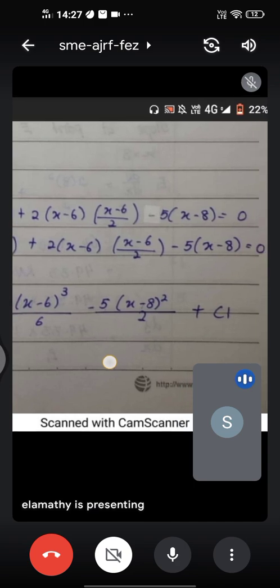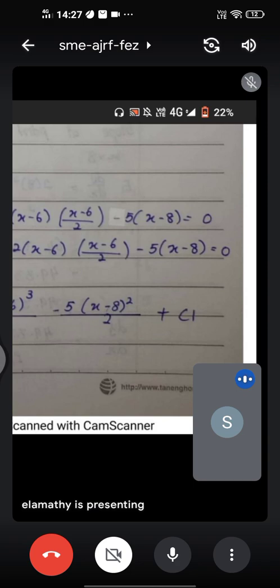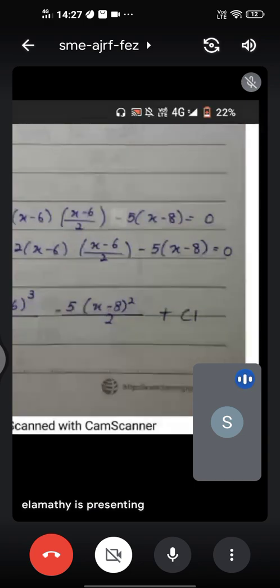Again you have to open bracket x minus 6 over 2 close bracket and minus 5 open bracket x minus 8 equals 0.